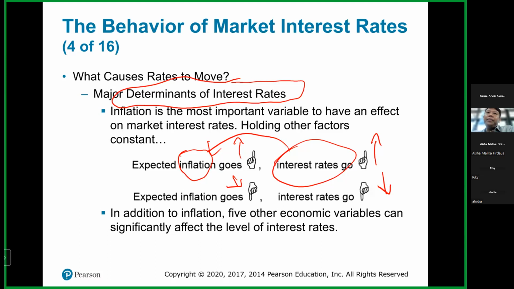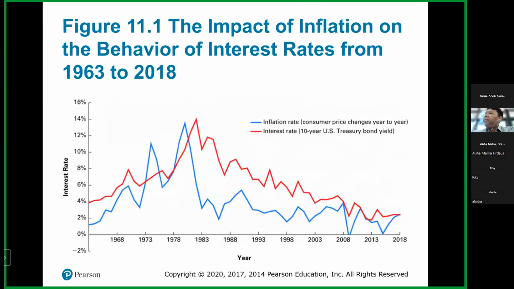In addition to inflation, we have five other economic variables that can significantly affect the level of interest rate. This graph shows the relationship and trends between inflation and interest rate. The blue line is inflation and the red line is the interest rate.